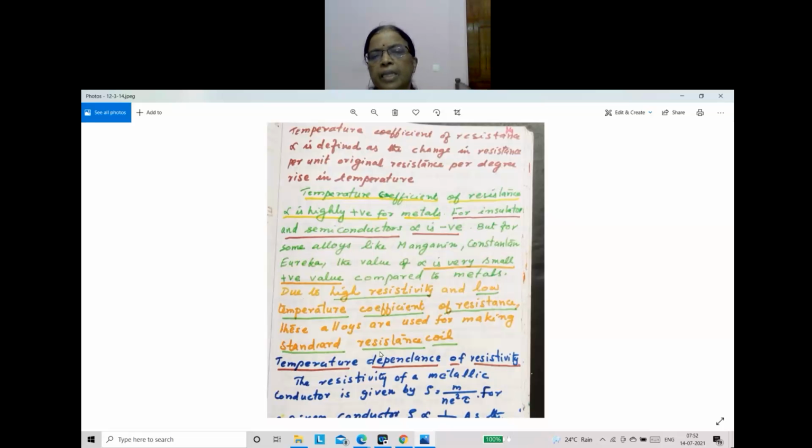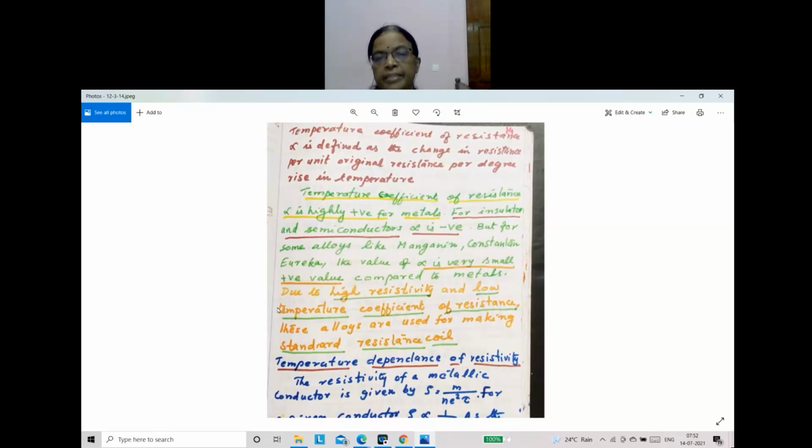Okay. Semiconductors, how does it vary? On increasing the temperature, resistance in a semiconductor decreases. Metals, how does it vary? On increasing temperature, resistance increases.